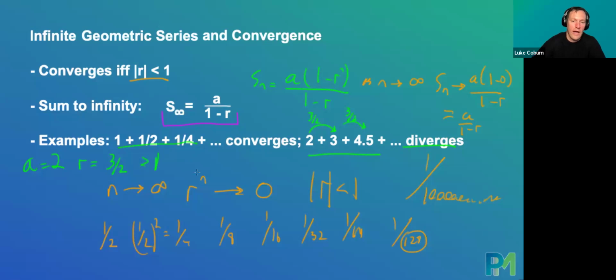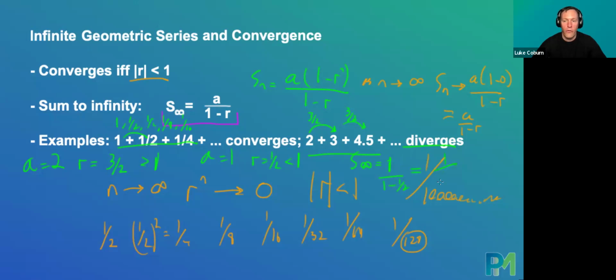But in this one here, a is equal to 1, and then r is equal to a half, because 1 times a half is a half. So this here is the series. The actual sequence is this, 1/8, 1/16, and then adding them up is the series, and we can see the r is less than 1, so we can say the infinite sum is equal to a over 1 minus r, so 1 over 1 minus a half.